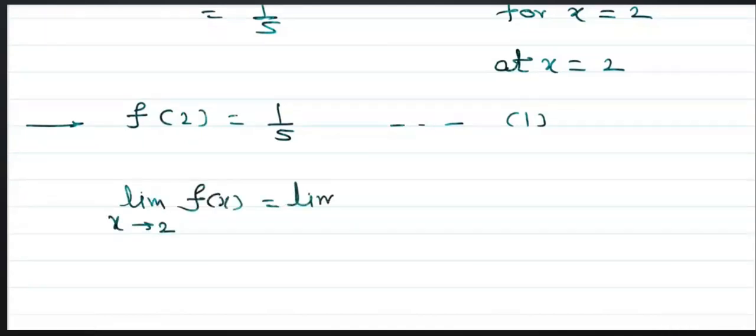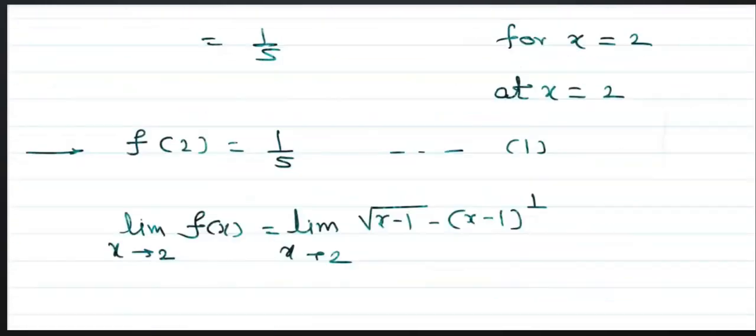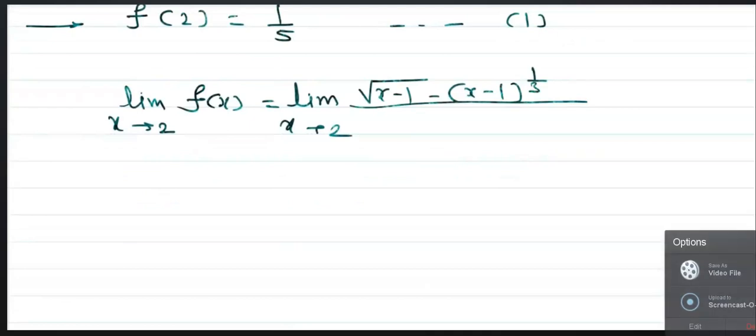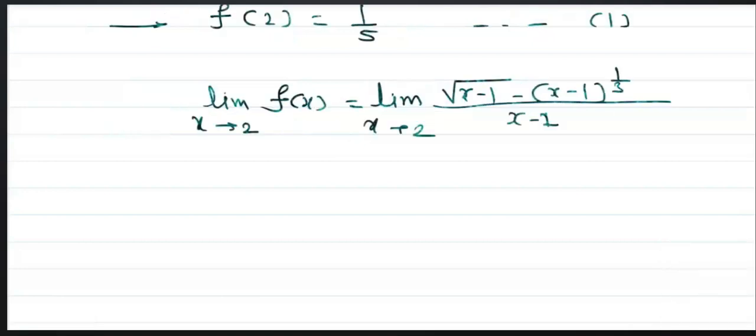Limit x tends to 2, f of x is equal to limit x tends to 2 of (square root of x minus 1 minus (x minus 1) raised to 1 upon 3) upon x minus 2.